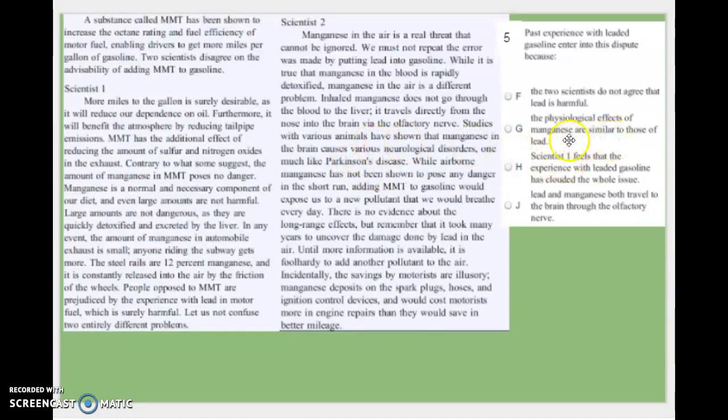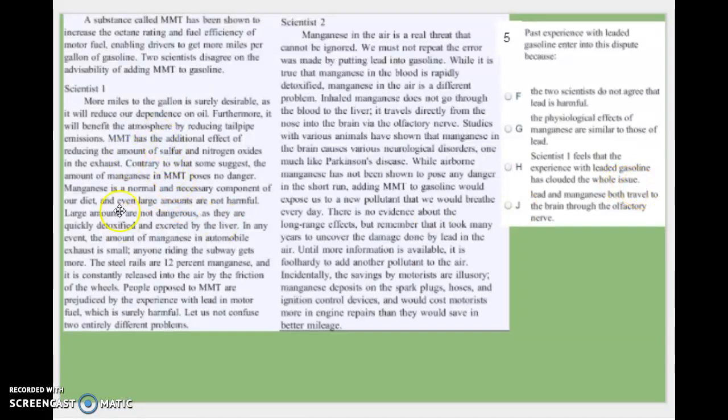The psychological effects of manganese are similar to those of lead. It doesn't say anything about psychological. That's physiological. Sorry. Physiological. No, and they don't say anything about physiological either. Scientist 1 feels that the experiences with leaded gasoline have clouded the whole issue.